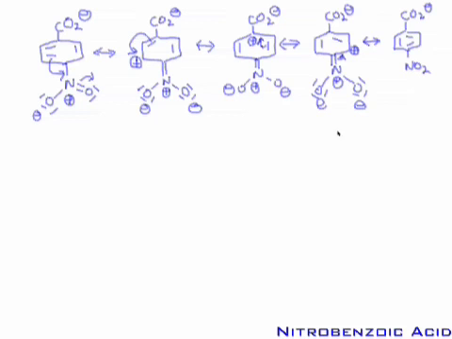Now let's do the same thing for when the group is meta. Drawing a lot of resonance structures here. Now we have the group here. Well, I can move these pi electrons out.